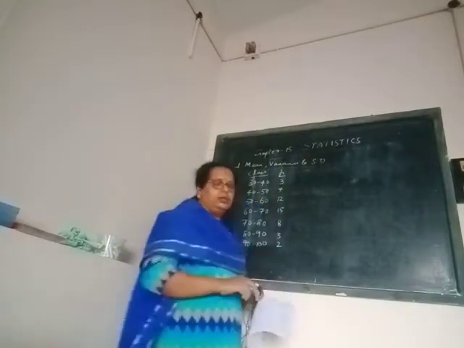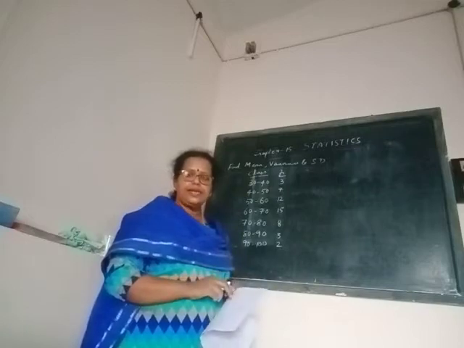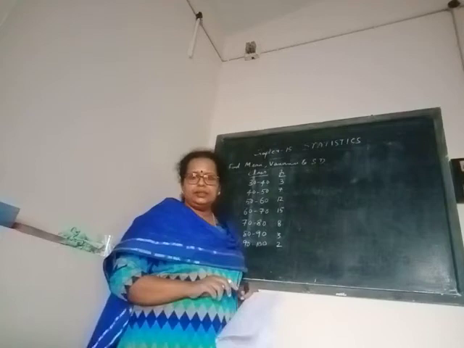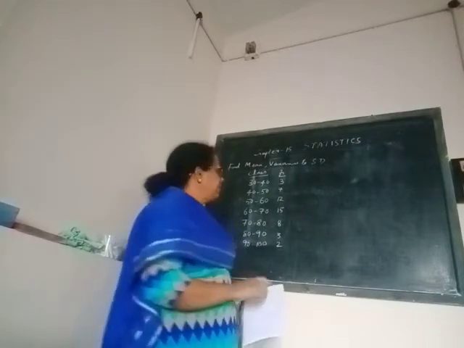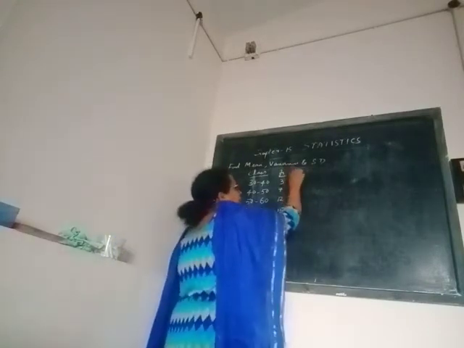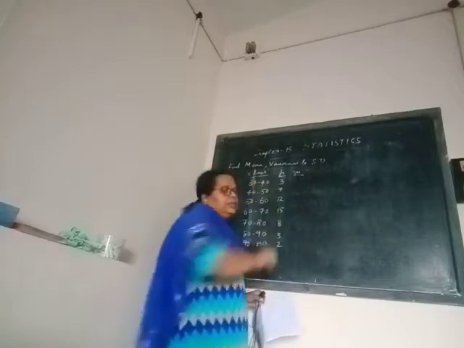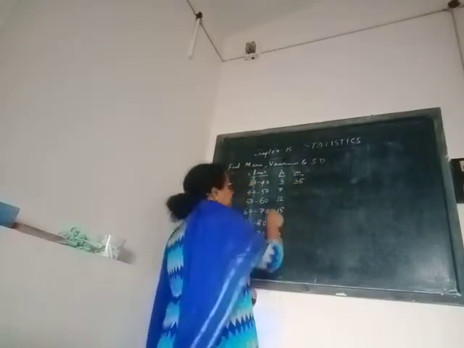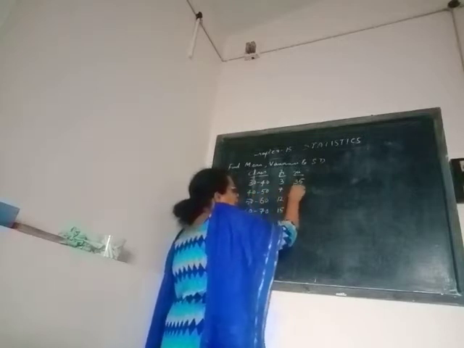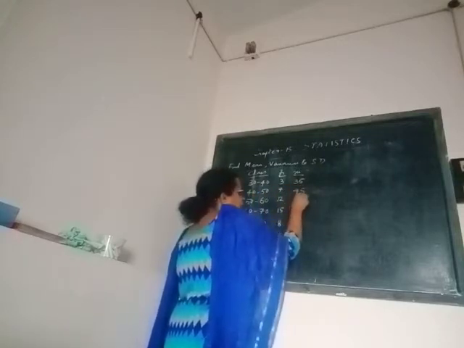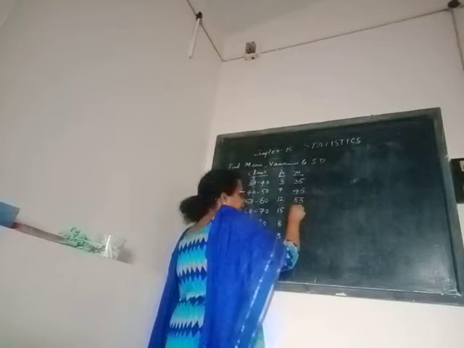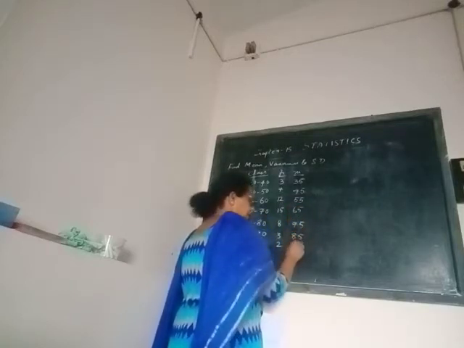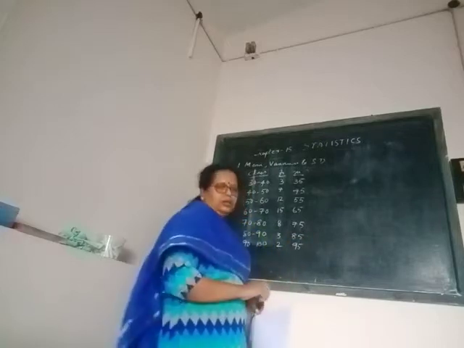So here xi is not given, class is given. When class is given, how to find the xi value? Find the mid value of the class, that is the class mark or xi value. So what is the mid value of 30 and 40? 35. Very easy. Next one is 40 to 50, 45, then 55, 65, 75, 85, 95.